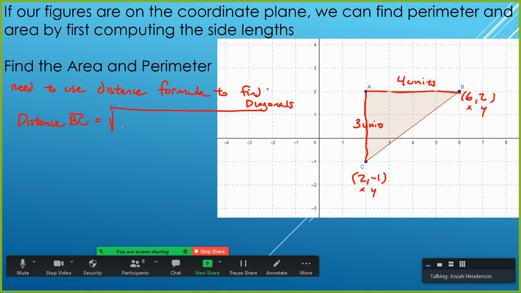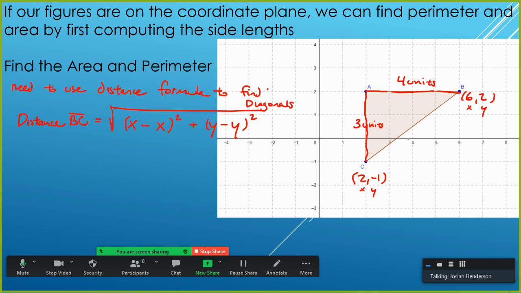The distance formula generically is x minus the other x, squared, plus y minus the other y, squared. And we have to take the square root of the whole thing when we're done with the inside. So let's plug in our x's and y's, simplify, and we'll have BC. And then we could find the perimeter.